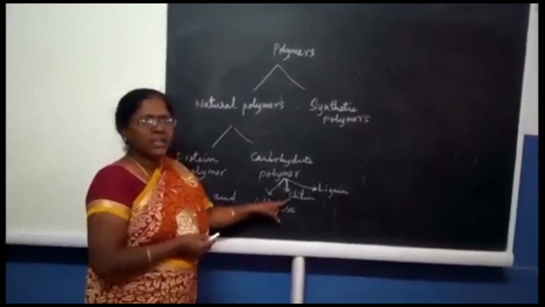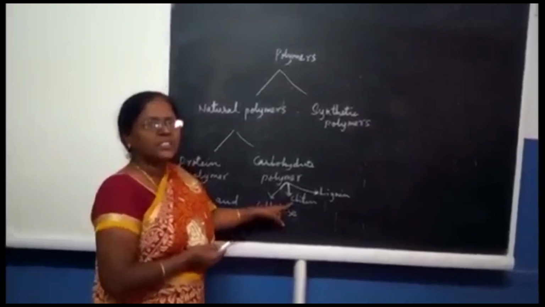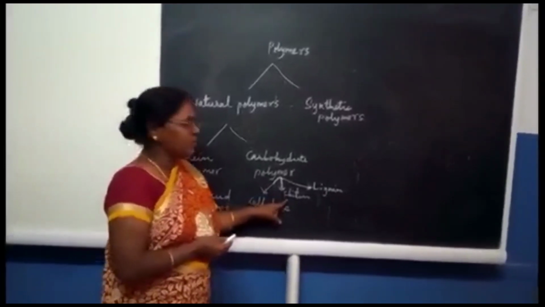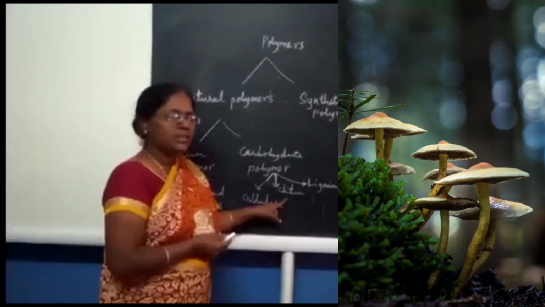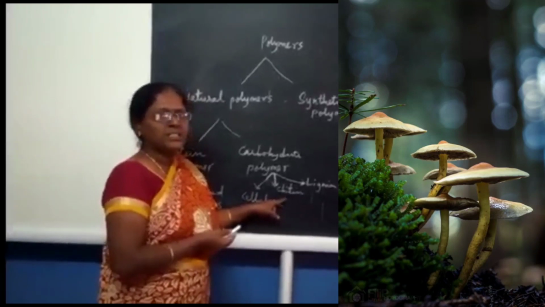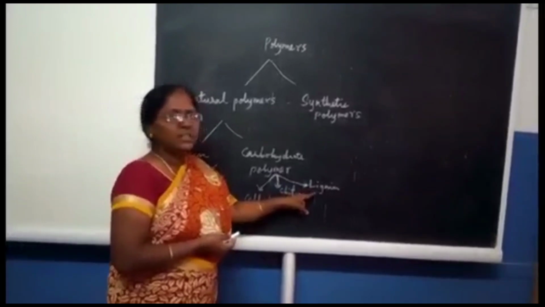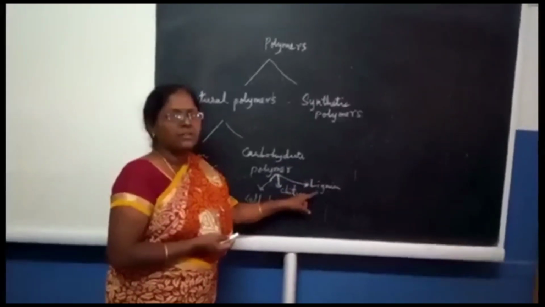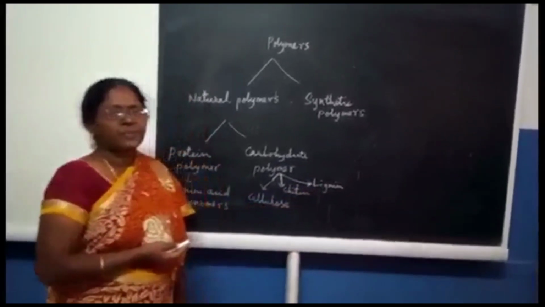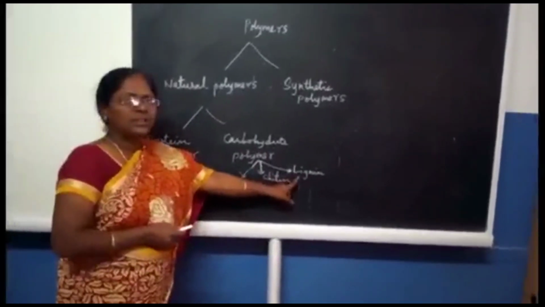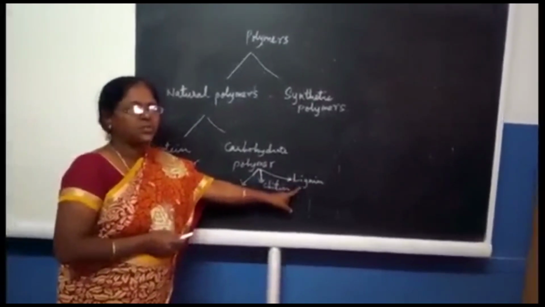Next comes chitin. This chitin is present in the cell wall of mushroom and exoskeleton of insects such as crabs, spiders. And next one is lignin. Lignin is the network of polymer. This lignin gives the structure to plants.